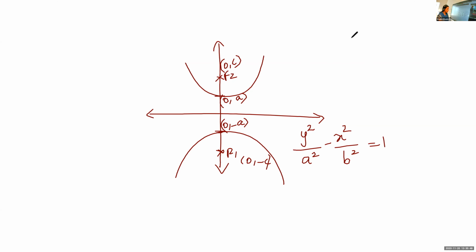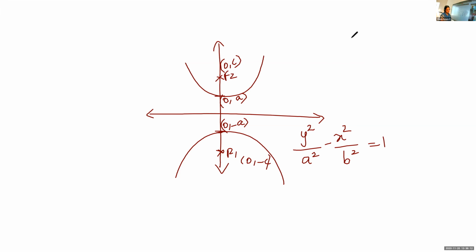In the second case, that is when y square by a square minus x square by b square is equal to 1, which is the transverse axis and which axis is the conjugate axis? Punya. Y is transverse. Very good.